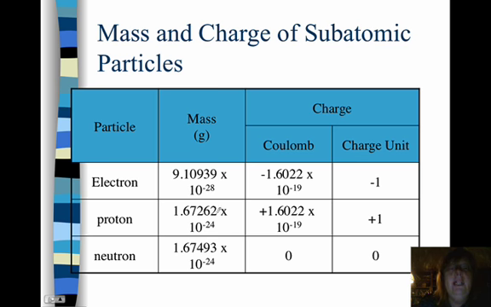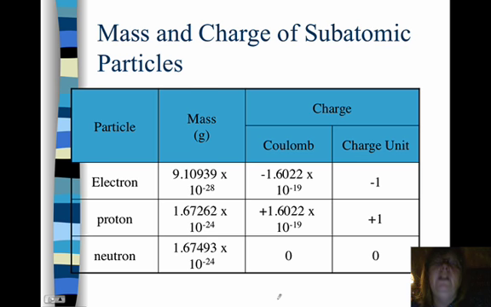And notice the proton and the neutron are very similar in mass. The neutron has a slightly larger mass than the proton. So electrons essentially have no mass when you compare them to the proton and the neutron. Proton and neutron are essentially the same mass, the neutron is just slightly heavier. Electrons have a negative charge, protons have a positive charge, and neutrons have no charge.